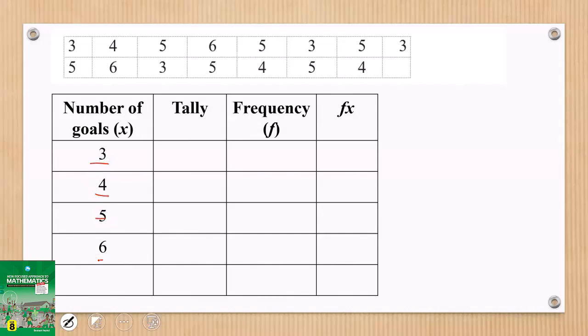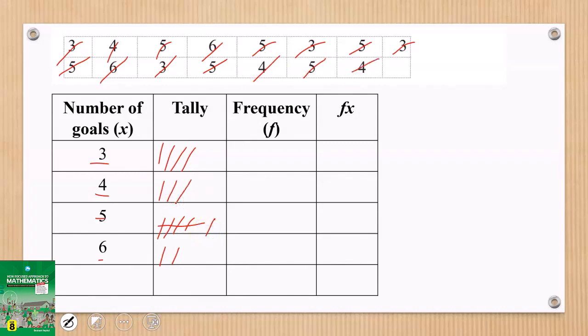Now the question is, how many of the 3s can we find in the data? We can start by using the tally approach. So we say 3 here, we make a mark; 4, we make a mark; 5, we make a mark; 6, we make a mark; 5 again, we have 5 again; we have 3, we have 5, we have 3, we have 5, we have 6, we have 3, we have 5, we have 4, we have 5, and then we have 4.